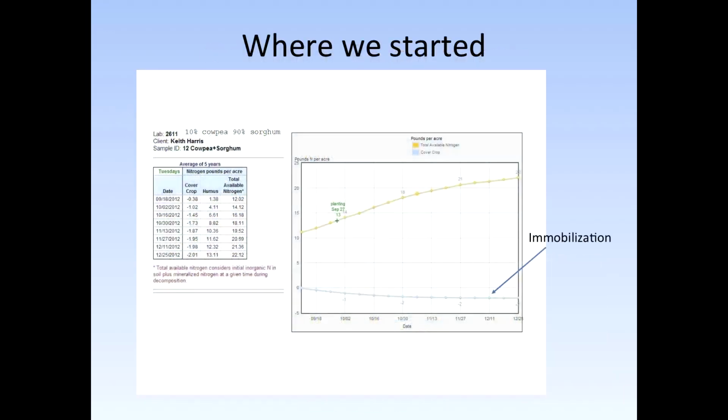So I wanted to show you some examples. This is where we started, and I know it's kind of hard to see, but the series nitrogen subroutine actually predicted soil nitrogen mineralization. But some of our validation work showed that that wasn't working as well as what we would like to see.